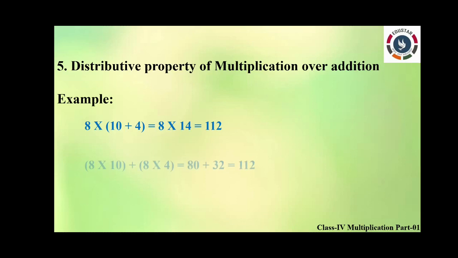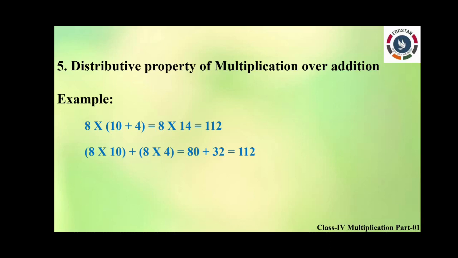The number 8 separately multiplied by both the numbers 10 and 4. The sum of the products is 80 plus 32, which is equal to 112. Therefore, 8 into (10 plus 4) is equal to 8 into 10 plus 8 into 4. I hope you are all clear about properties of multiplication.